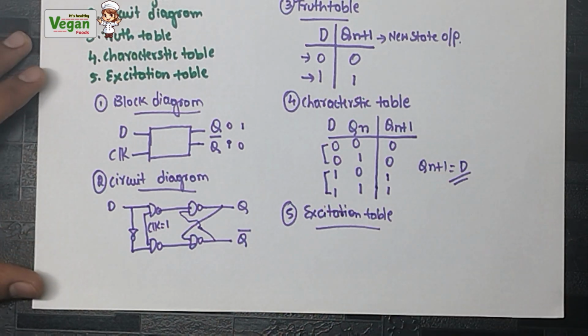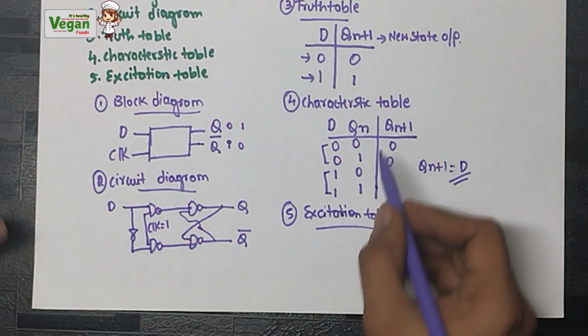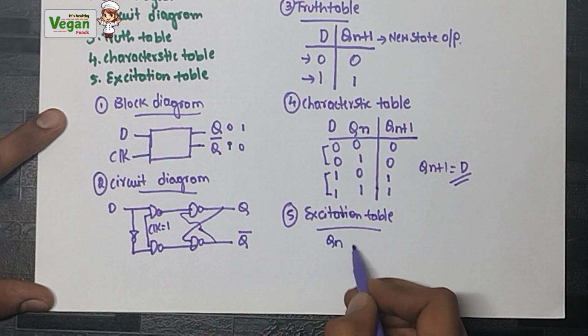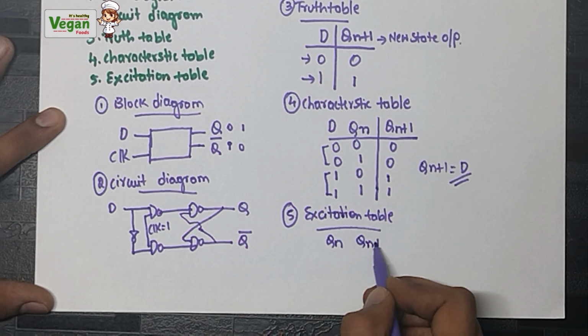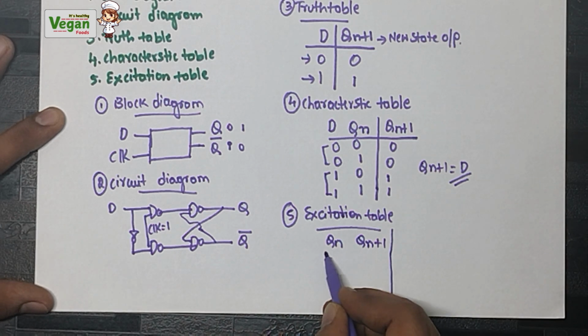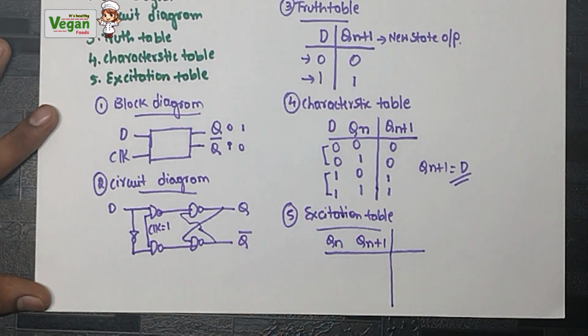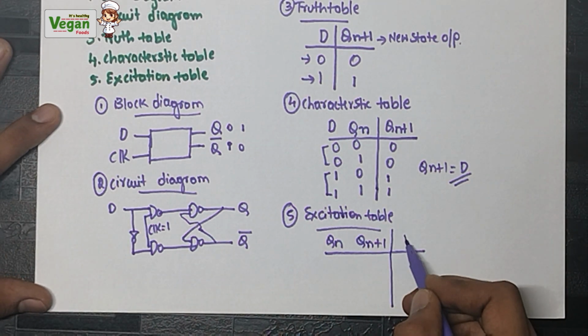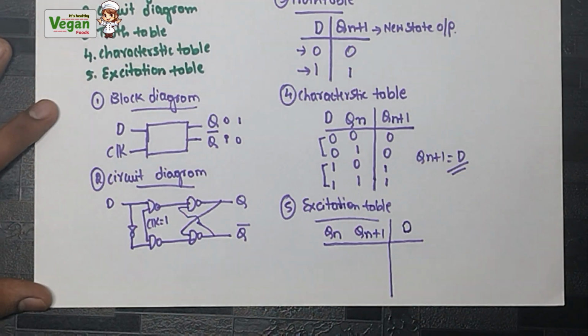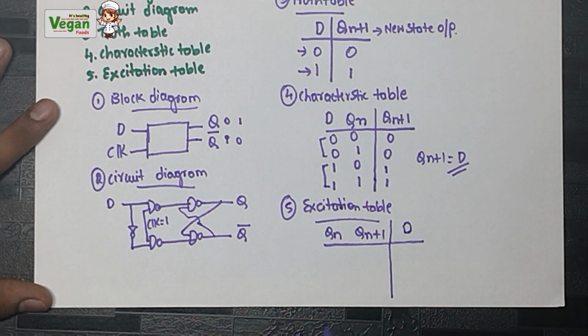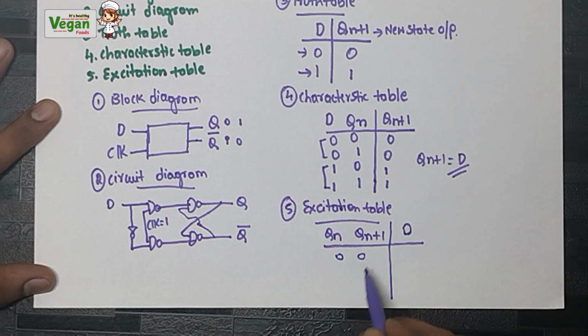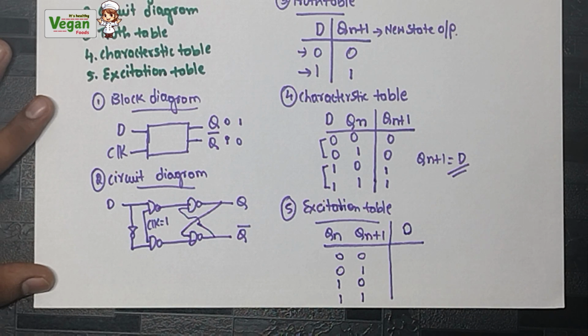Now to write the excitation table, we need two inputs: the previous state output Qn and the new state output Qn plus 1. The output of this excitation table will be D. Since we have two inputs, the combinations are 0 0, 0 1, 1 0 and 1 1.